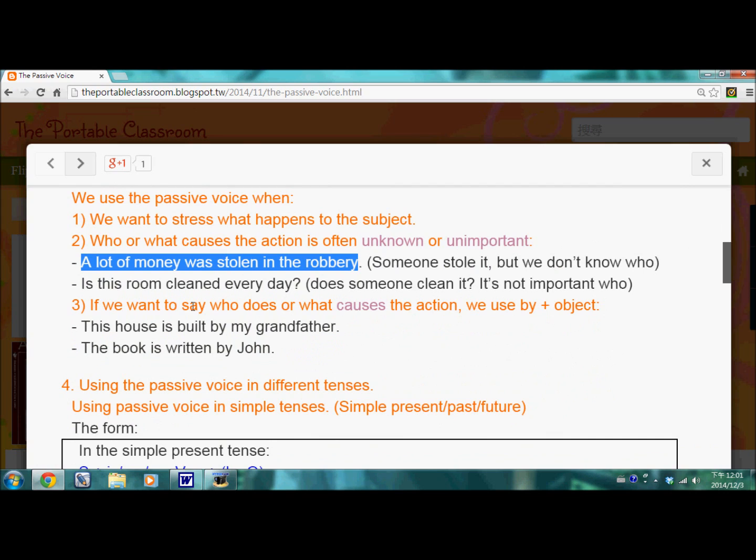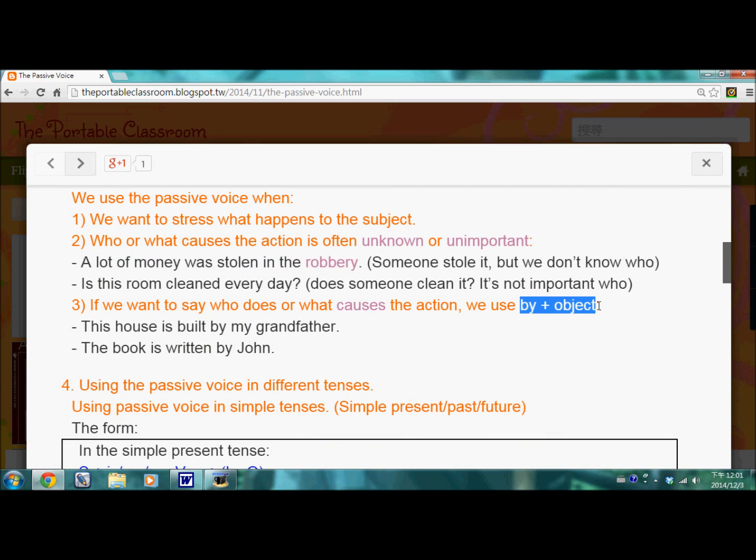Number 3, if we want to say who does or what causes the action, we use by with an object. 我们需要知道做这个事情的人的时候 who actually does it, we use by with an object. Like, this house is built by my grandfather. So I know this house is built by no other person but my grandfather. I use by with the person who does the action.